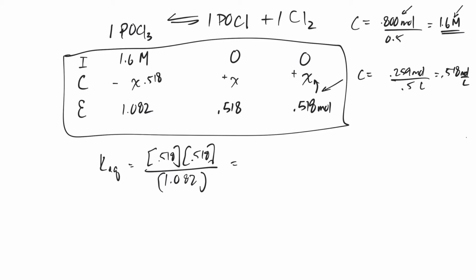So 0.518 times 0.518 divided by 1.082 equals 0.247988, etc. And that's smaller than 1. Since it's less than 1, the equilibrium is probably favoring the left side just a touch. Hopefully that helps with that question.